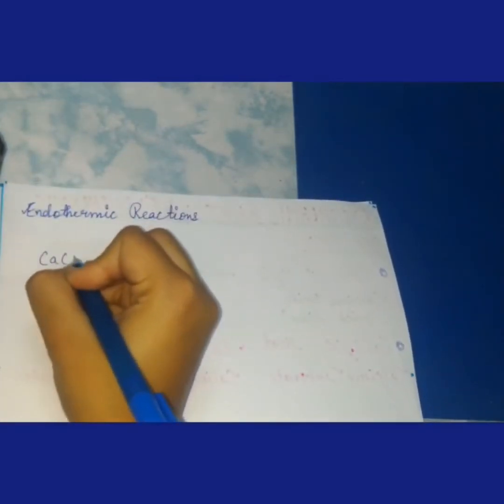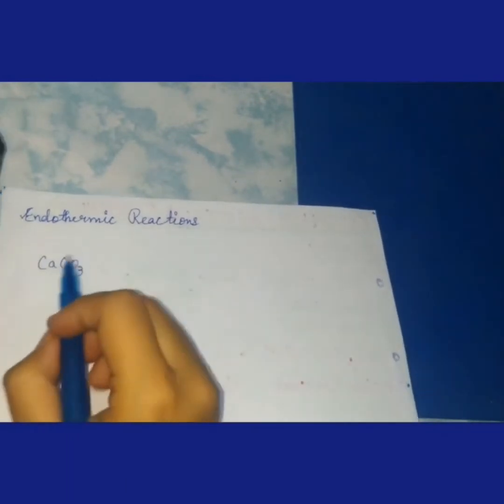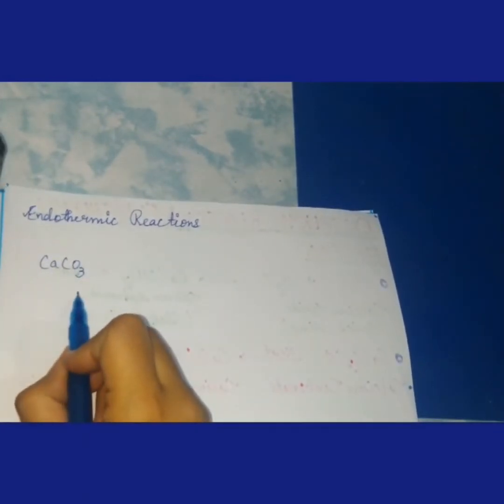Okay, let us consider the same example that we have just discussed. Calcium carbonate to decompose requires heat energy. So we heat it, and how do we write this reaction? We write CaCO3.